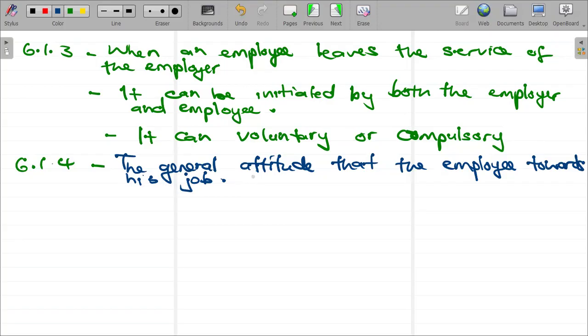Remember, you're also supposed to include why it can be negative or positive.